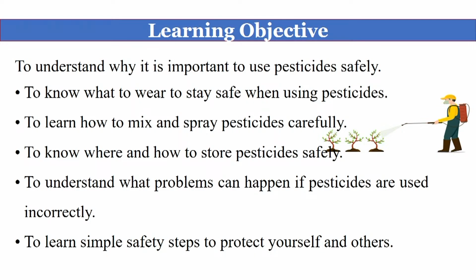Next is how to mix and spray pesticide carefully, then to know where and how to store pesticides safely, and to understand what problems happen if pesticides are used incorrectly, and how to mitigate these problems. So we will discuss this topic in detail.